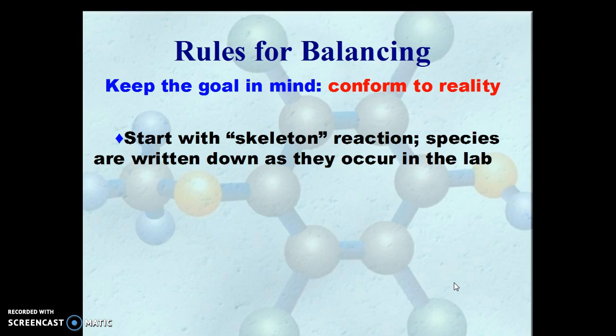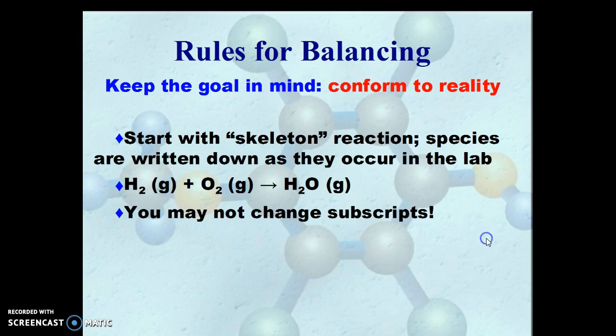You start with a skeleton reaction, that is, you write down the species, reactants and products, just as they occur in the laboratory. So, for instance, hydrogen gas reacts with oxygen gas to form water vapor. You may never change a subscript because this changes the character of the species.